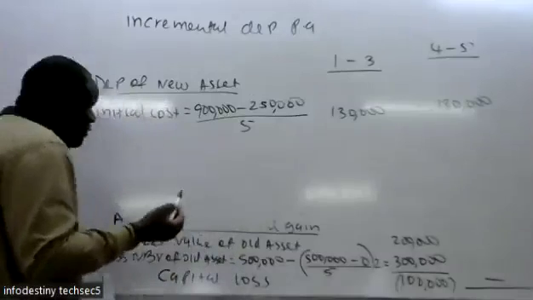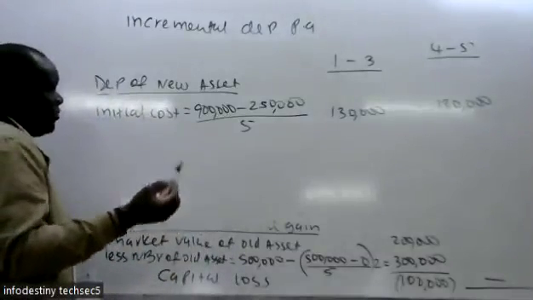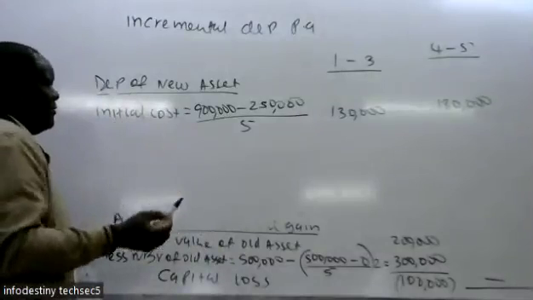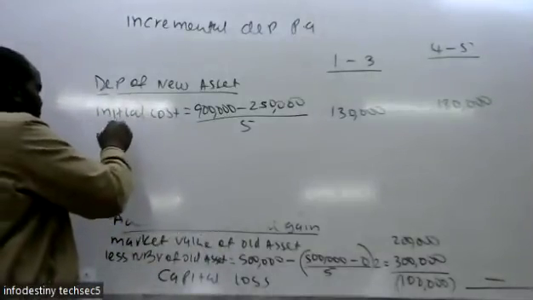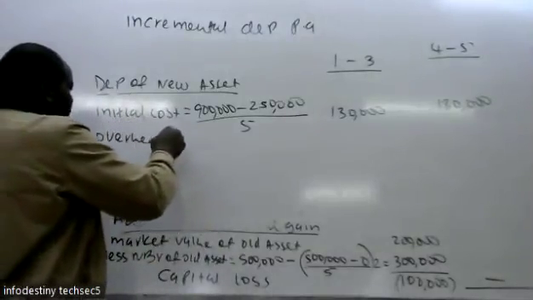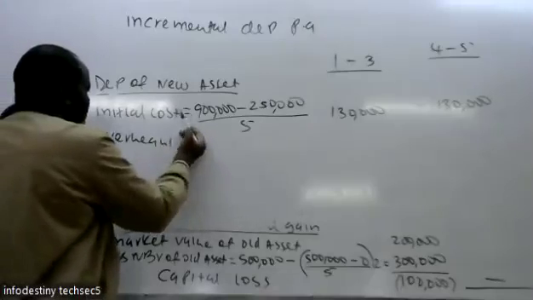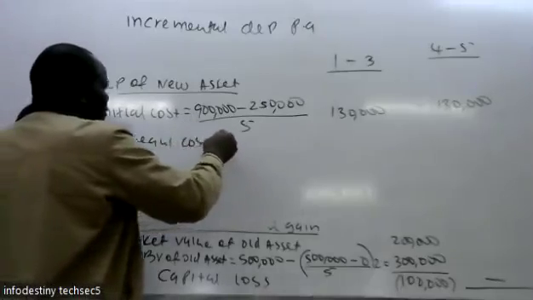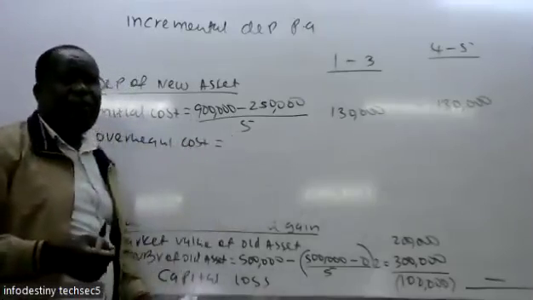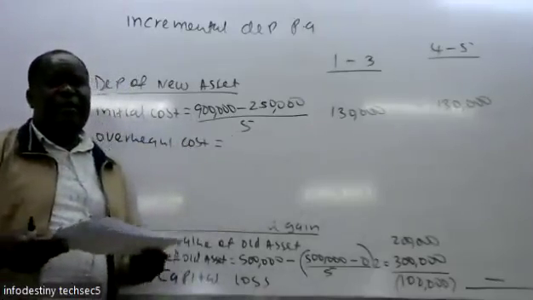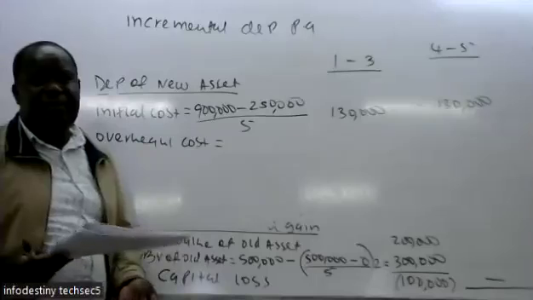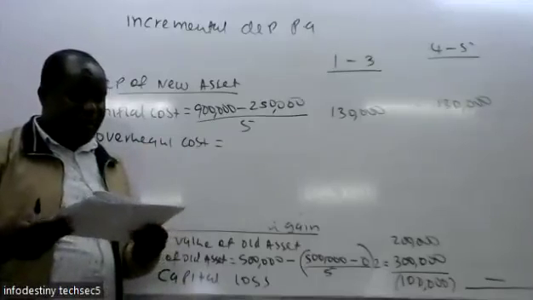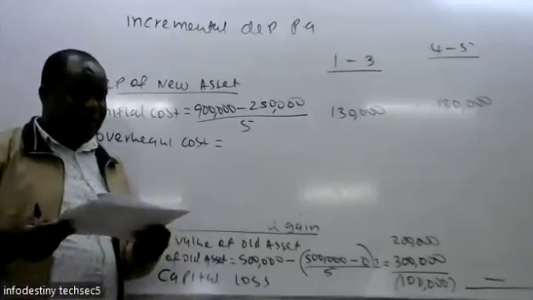Then apart from the initial cost, there is another one, the overhaul cost. Overhaul costs are normally amortized or depreciated over the remaining economic life of the asset.